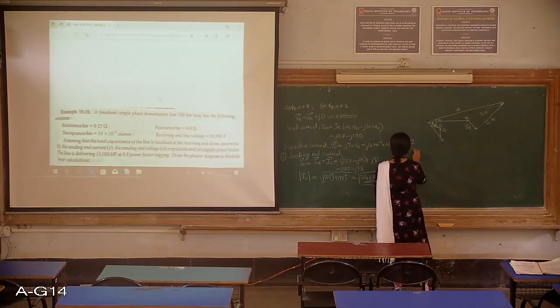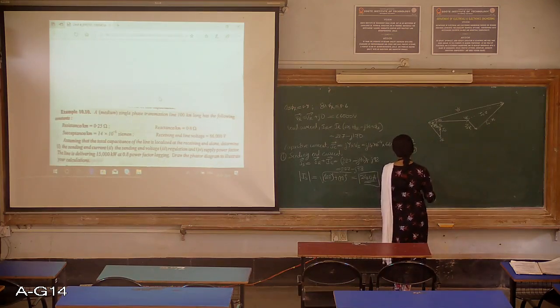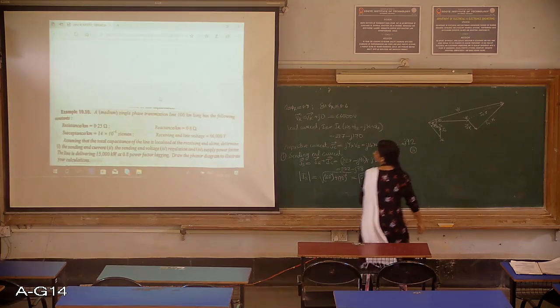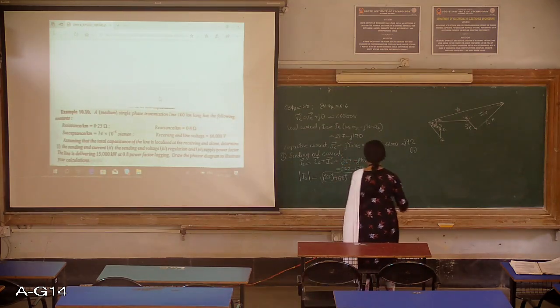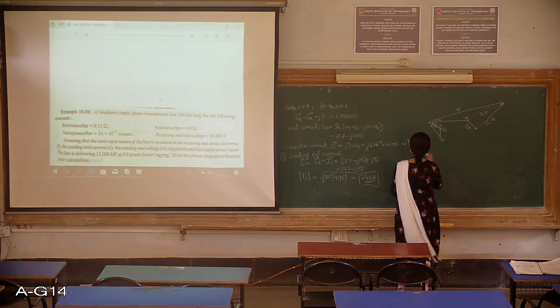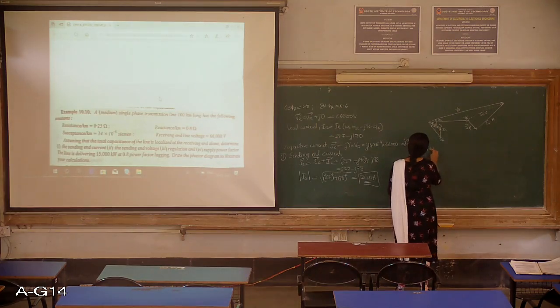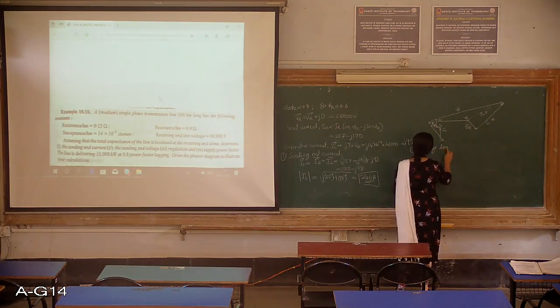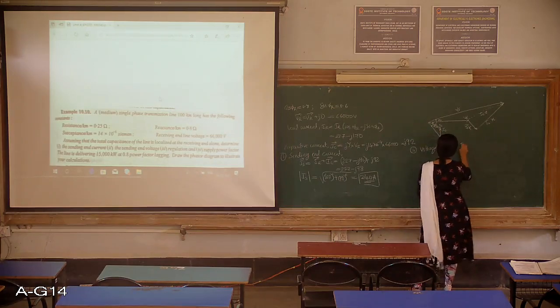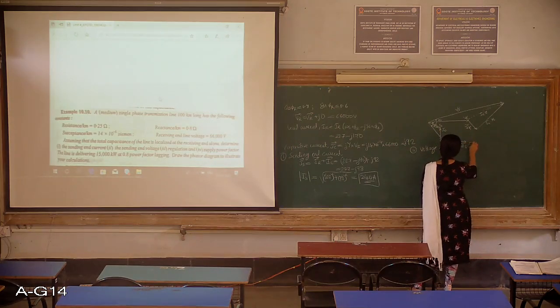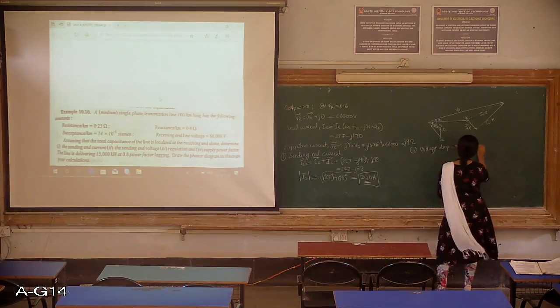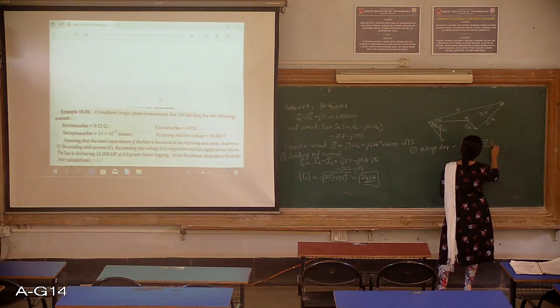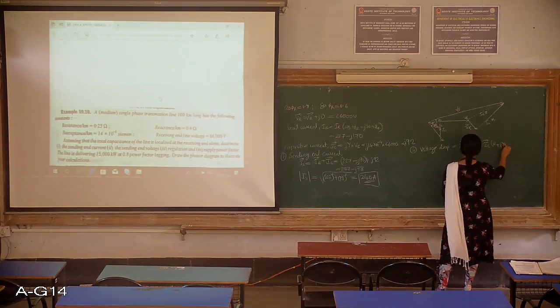Second one, they have asked sending end voltage. So I will calculate the voltage drop. The voltage drop is IS into Z, across the entire circuitry. Z, as I told you, will be R plus J XL.